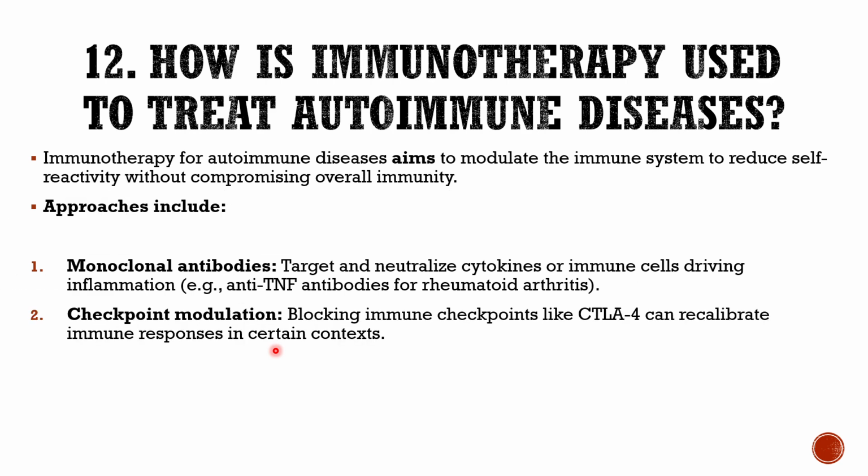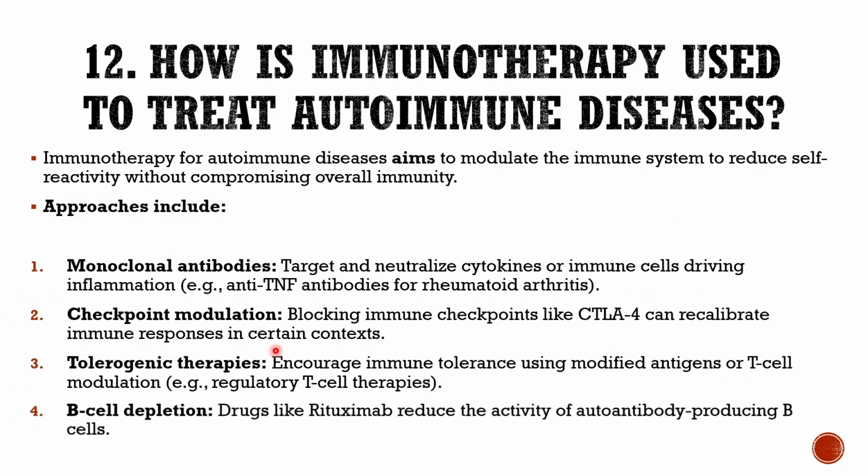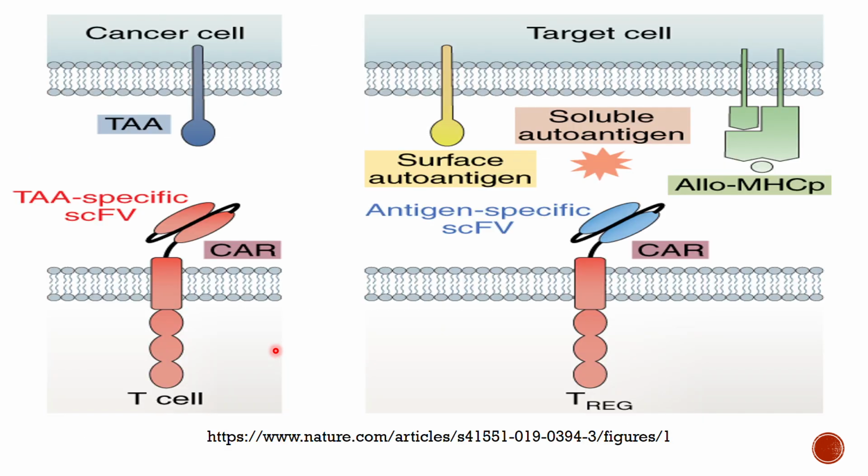Immunotherapy of autoimmune disease aims to modulate the immune cells to reduce self-reactivity without compromising protective activity. Approaches include monoclonal antibodies to neutralize cytokines or immune cell-driven inflammation, checkpoint inhibition or checkpoint modulation, controlled tolerance therapy, and B cell depletion.